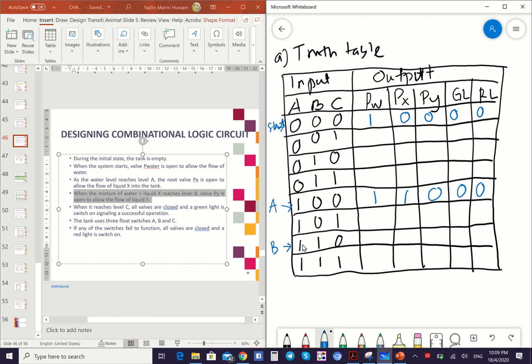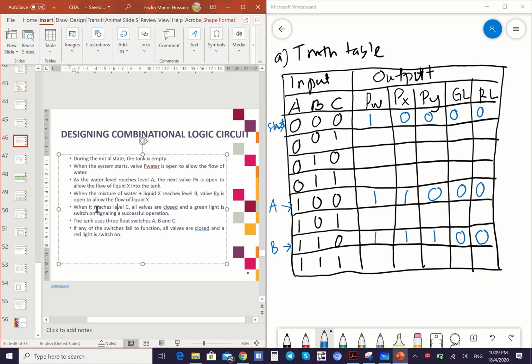That means the water level has float A on, and at the same time float B is on. So this represents level B. What happened? At level B, valve Py is open, including the other two valves: P water, Px, and also Py. The green light and red light are 0.